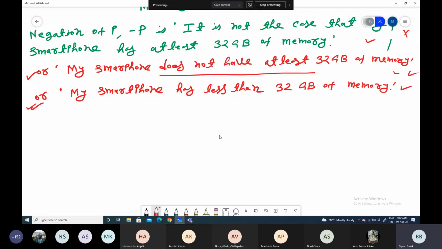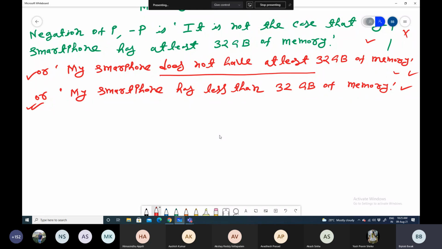Right. Now, generally, we express all of this logic in terms of a truth table. So what is a truth table? We just write true or false for a statement, and we find the true or false values of the other statements.